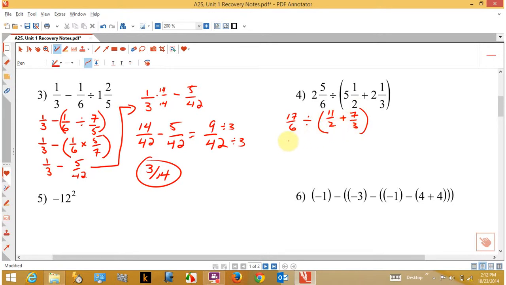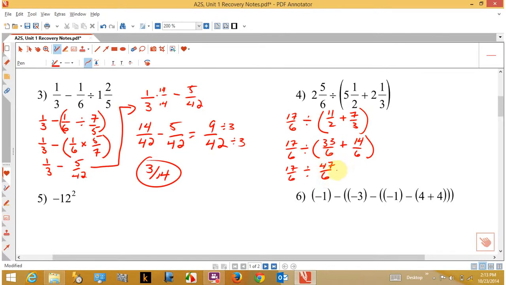Now I need to give what's in the parentheses a common denominator because I'm adding, and 6 would be a common denominator, so I would have 17/6. If I change 11/2 to a fraction with 6 as a denominator, both the numerator and denominator multiply by 3. And to change 7/3 into a fraction with 6 as a denominator, the numerator and denominator multiply by 2. Okay, so 17/6 divided by 33 plus 14 would be 47 over 6.